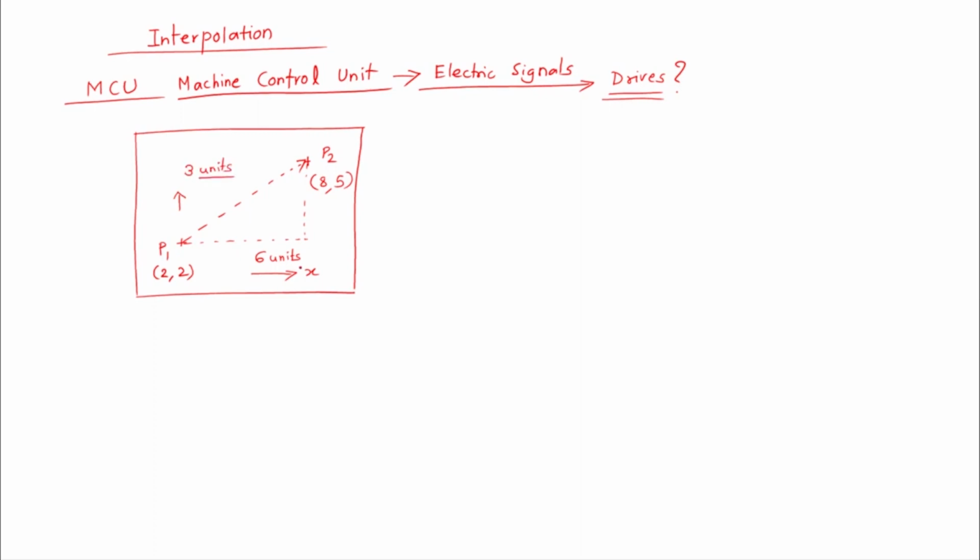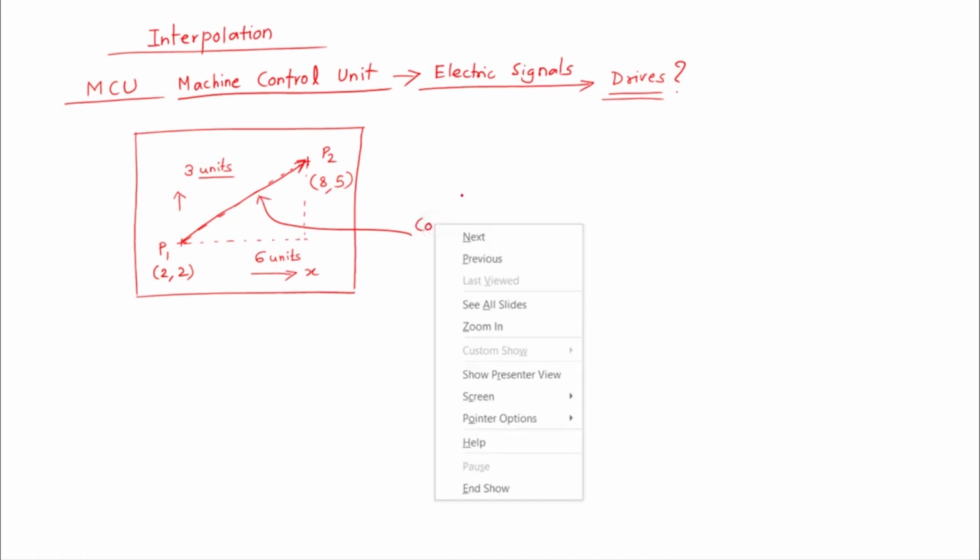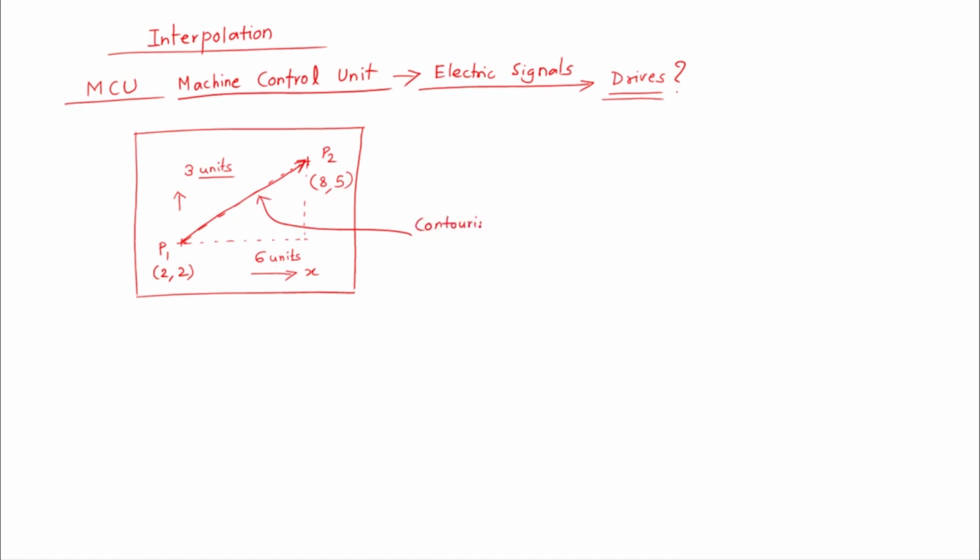It may be mm if it is a micro machining center, or centimeter or meter if it is a macro or meso level machining center. So 6 units are to be moved along the X direction and 3 units along the Y direction, and the path is essential, the path is important. This is the task of contour manufacturing, contouring.